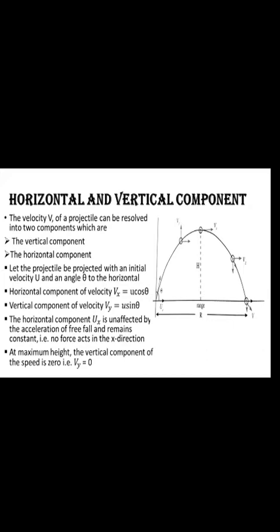Whenever you resolve a vector to the vertical component, you use sine theta. So the horizontal component of this velocity is u cos theta, and the vertical component of the velocity is u sine theta. But it's important for us to also know that the horizontal component is not affected by the acceleration of free fall, so it remains constant. No force is acting in the x direction.